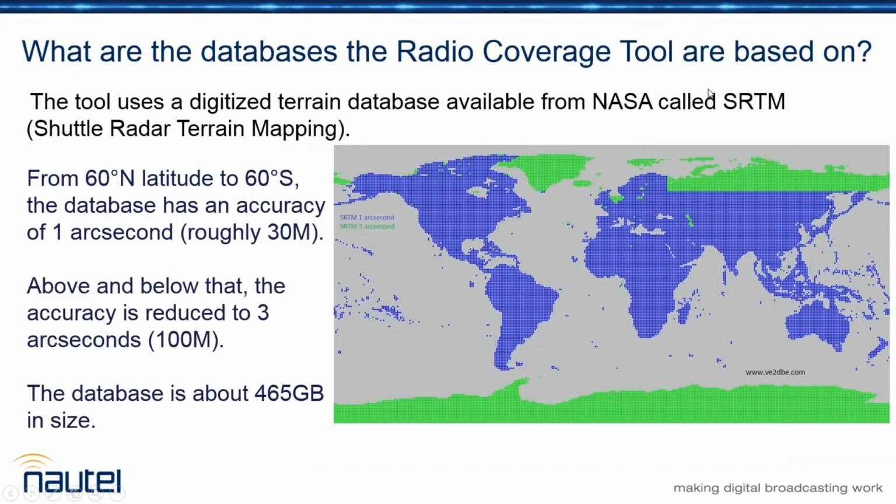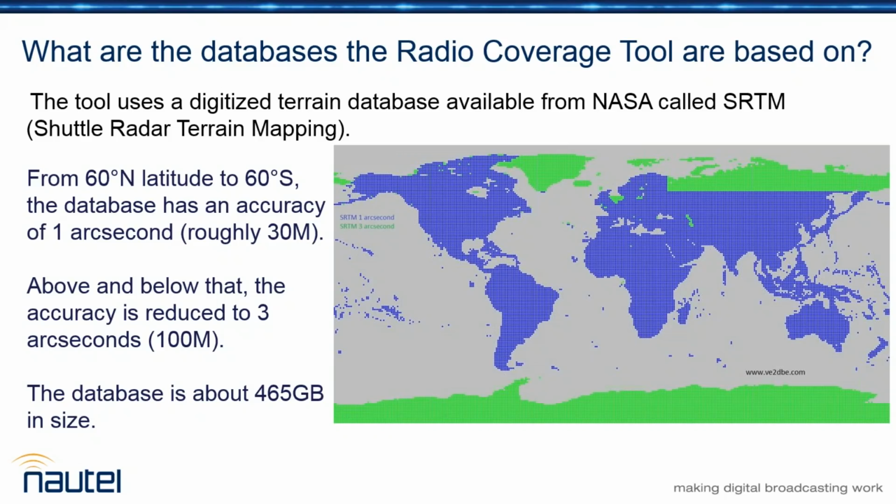And the databases that the radio coverage tool is based upon: we use a digitized terrain database which is available from NASA, called SRTM, which stands for Shuttle Radar Terrain Mapping. That's right. As the space shuttle was orbiting the Earth, a radar antenna pointed down to the Earth and determined the altitude of all the spots that it passed over.